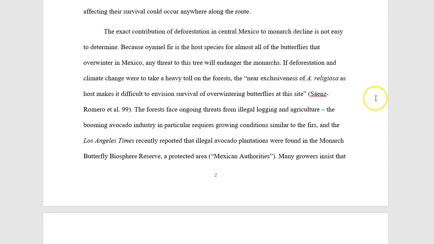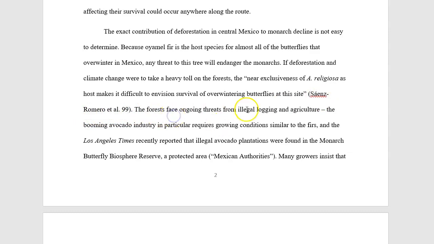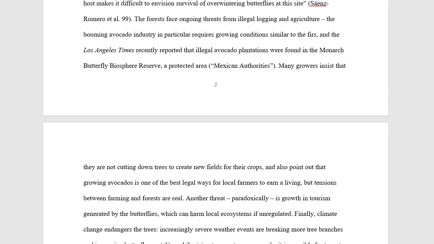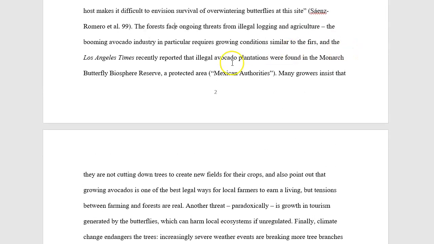Okay, so in the next paragraph, here's a citation that looks a little bit different from the others that we've seen so far. Here we have the author's last name, and I'm giving a page number because this is an article that actually has page numbers. Again, here's another paragraph where I'm putting 3 parenthetical citations.